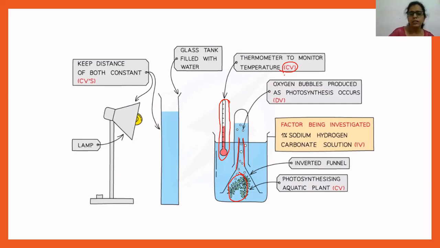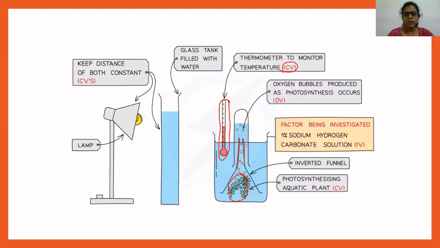Now, when we are performing this experiment of investigating the effect of carbon dioxide concentration on rate of photosynthesis, remember we have to use different concentrations of carbon dioxide. We are aware that there is a salt called sodium hydrogen carbonate.